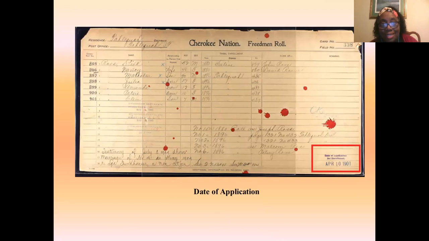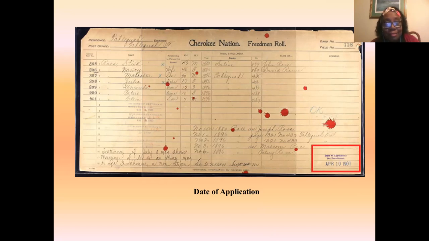At the bottom right hand corner, you see date of application for enrollment, April 10th, 1901. And many people don't necessarily see that at all times. But it is certainly helpful to have that information.